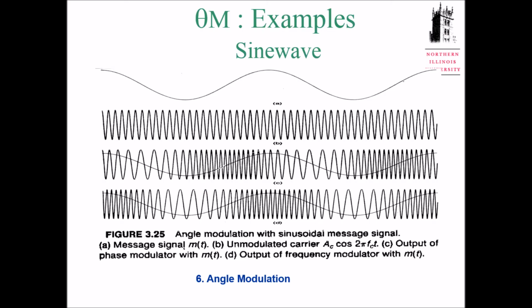So for PM, when it changes, we actually look at the trend of your signal. When it changes faster, we have the high frequency. When it changes slower, we have the lower frequency.